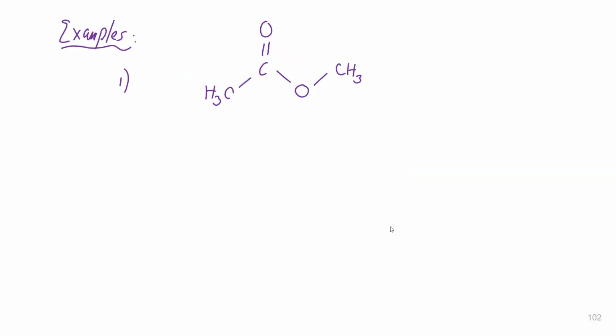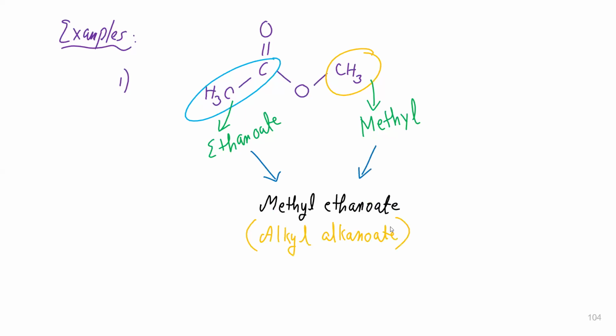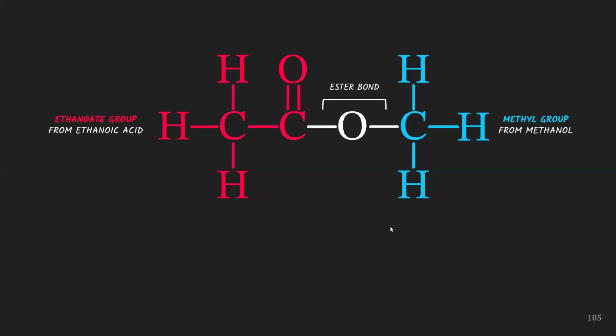Look at this compound example: C double bond O, CH3, OCH3. So how do we name it? Ethanoate, methyl ethanoate. If we merge it, it becomes methyl ethanoate. This is how we name an ester.